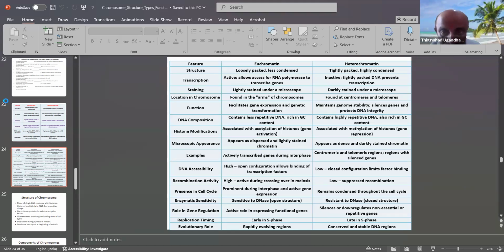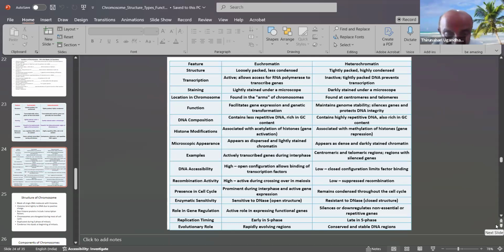Heterochromatin has a low, closed configuration. Recombination activity is high in euchromatin, with high genetic activity and crossing over in meiosis. A chromosome with a higher percentage of euchromatin is more open to mutations and evolution. Recombination is high in euchromatin and low in heterochromatin.